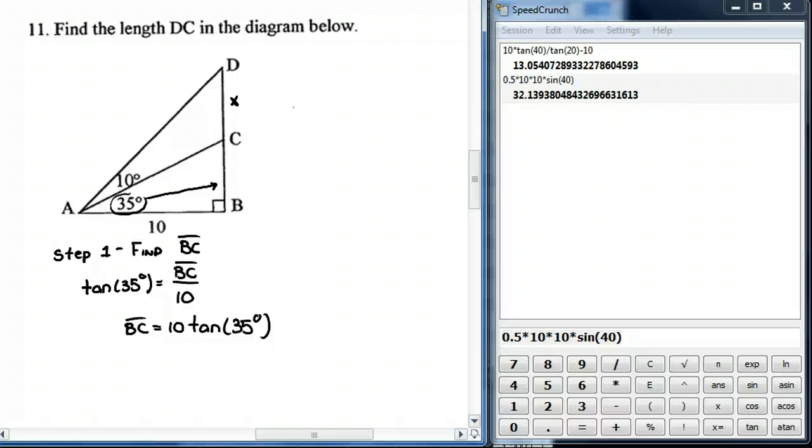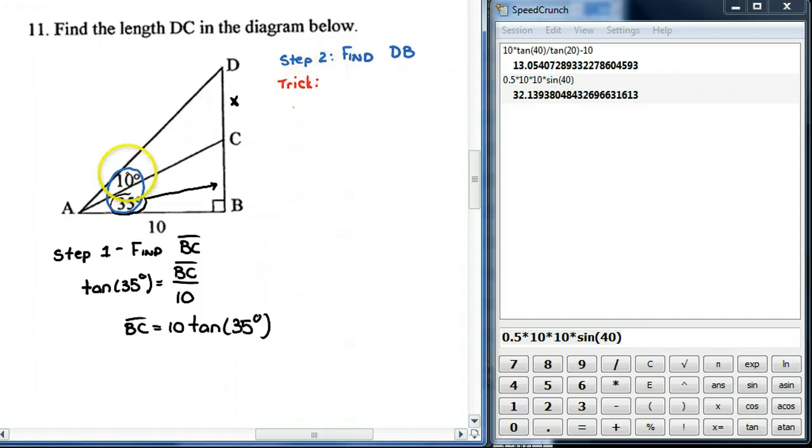So now I'm going to do step 2. I'm going to find length DB. In this case, we're going to use the angle here, which would be 10 plus 35, which is 45. And just a little trick here.